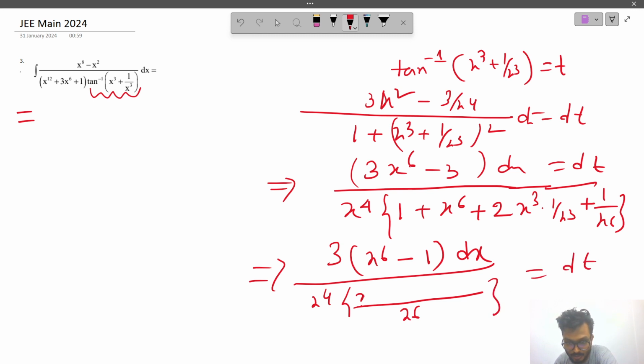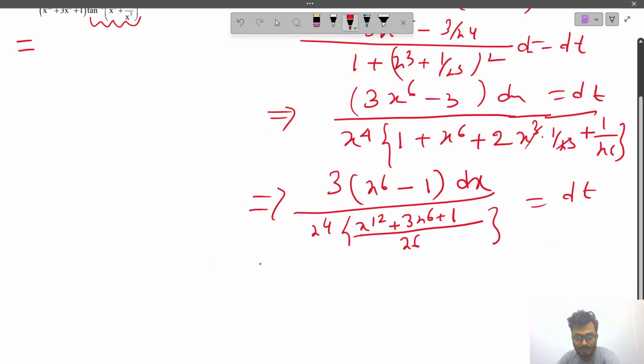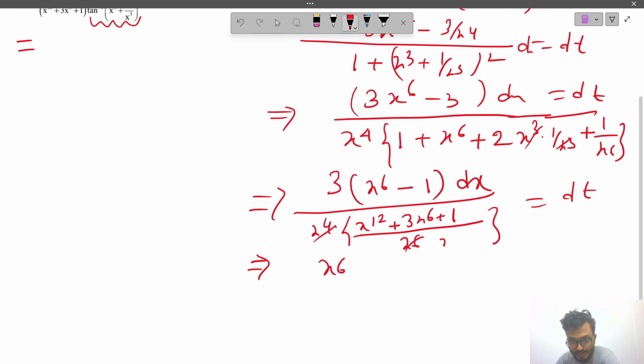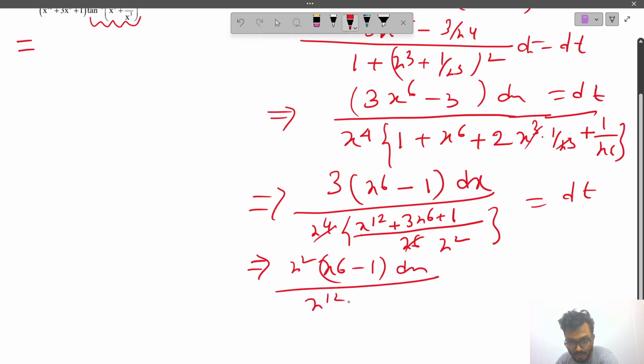We get x¹² plus, so here this will cancel, so this is 3x⁶ + 1 equals to this. Now this implies that x⁶, so this will cancel x². So if you multiply x² into (x⁴ - 1) dx divided by x¹² + 3x⁶ + 1 equals dt by 3.